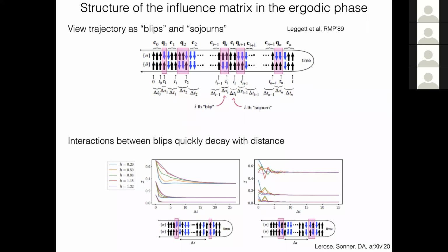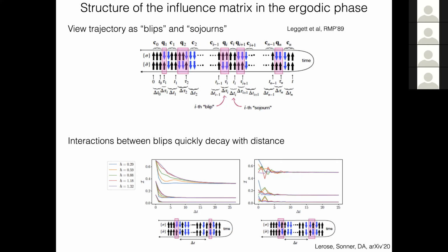More generally, you can view your trajectory as a collection of classical parts, called sojourns, and blips, where the forward and backward spins are actually different. Here you see an illustration of that.